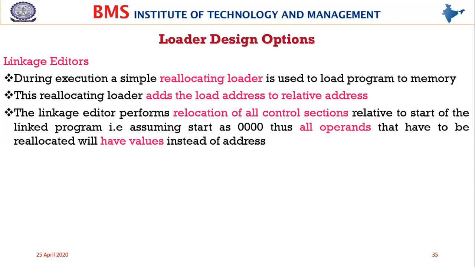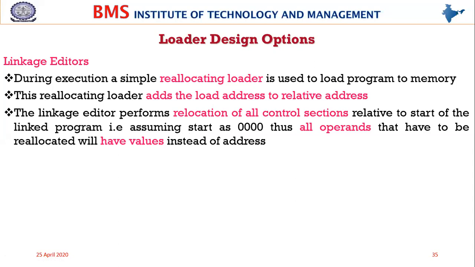Earlier, in the linking loaders, we used to get the address from the operating system, and your loader used to run pass one concerned with the address. But now your linking and reallocation will start with the address 0000, and all the operands will be given addresses relatively, starting from 0000.